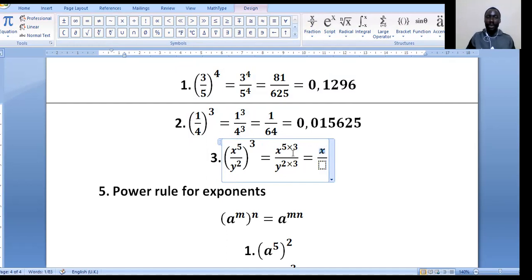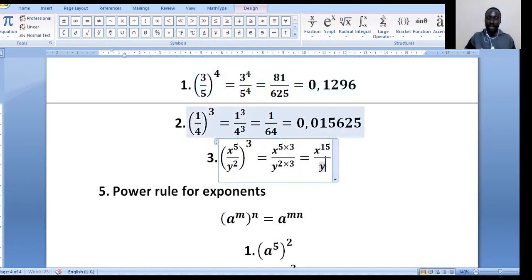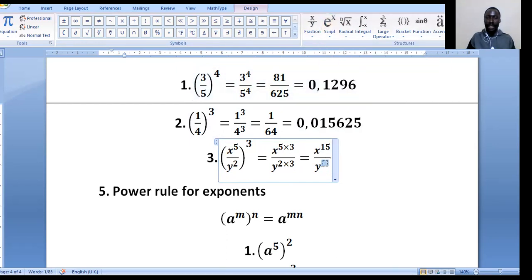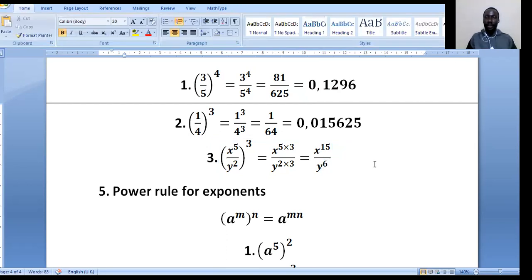That is what we get when we multiply 5 by 3. Then the denominator will be y raised to 6. The exponent of y this time will be 6. So yes, that's how we deal with this type of thing.